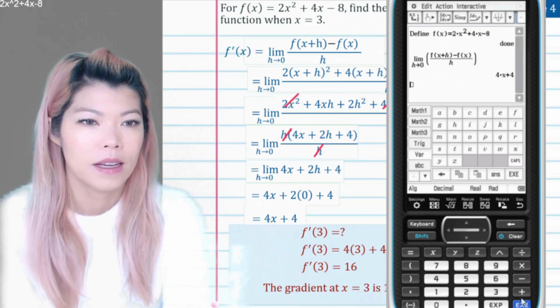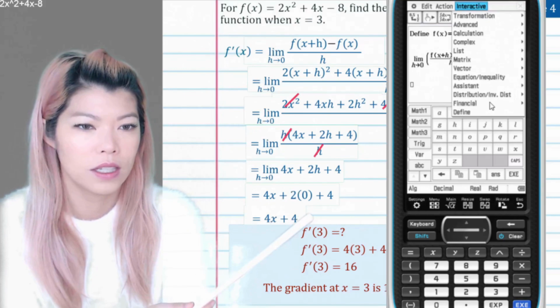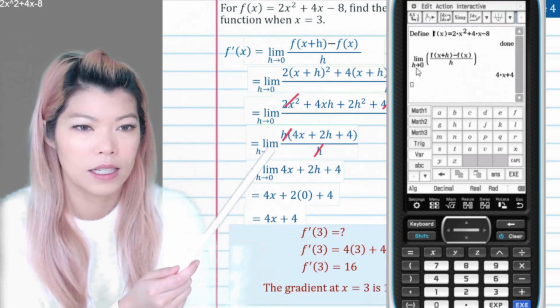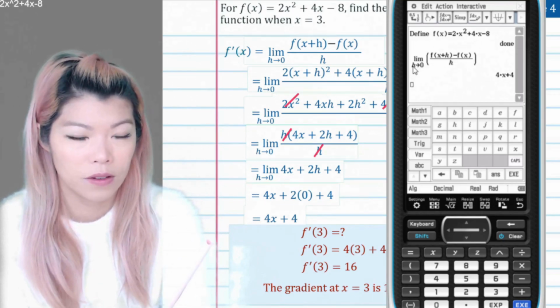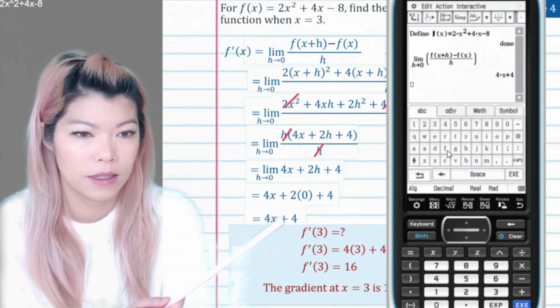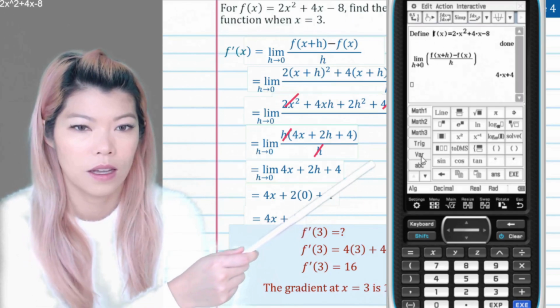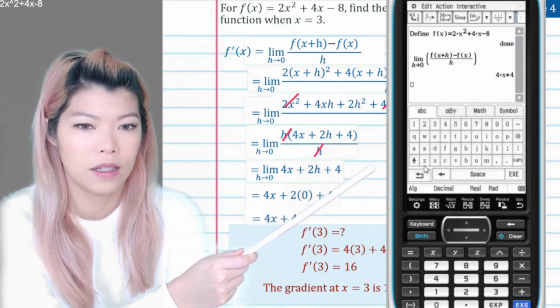So recap, go interact, write whatever expression you want, go interactive, click define, so it tells the calculator what it is, then type this out. When you type this out, be very careful that the h is a variable. If you're typing f, f is not a variable, it's in ABC. So h is the variable over here, and f is in ABC.